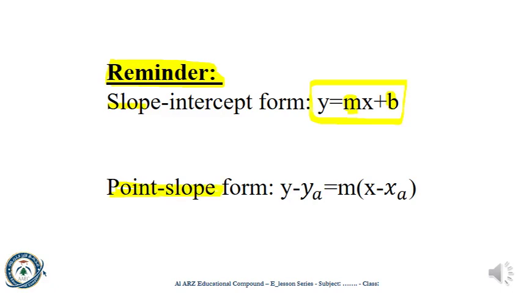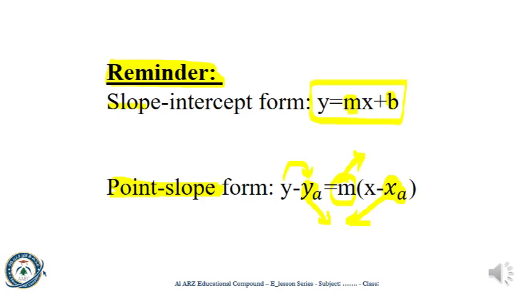The second form, the point-slope form, consists of a point and a slope. The point is this point, the point having these two as coordinates, and m is the slope. Now focus on the form of this particular equation of a straight line.